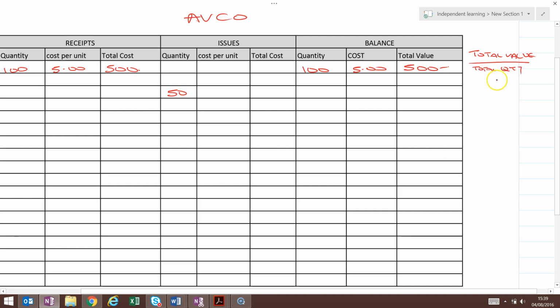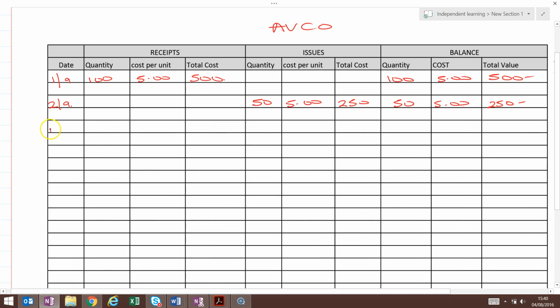So our average cost, 500 divided by 100, which equals £5. Right, we only had one figure, £5, so it had to be 5, but that's how you would work it out. 50 at £5, £250. So we did have 100, issued 50, we've got 50 left. £500 was the value, take away 250, £250, that's £5 a kilo or £5 a unit.